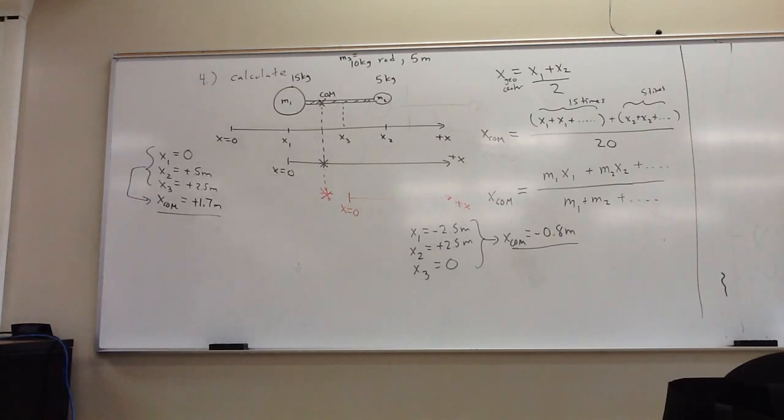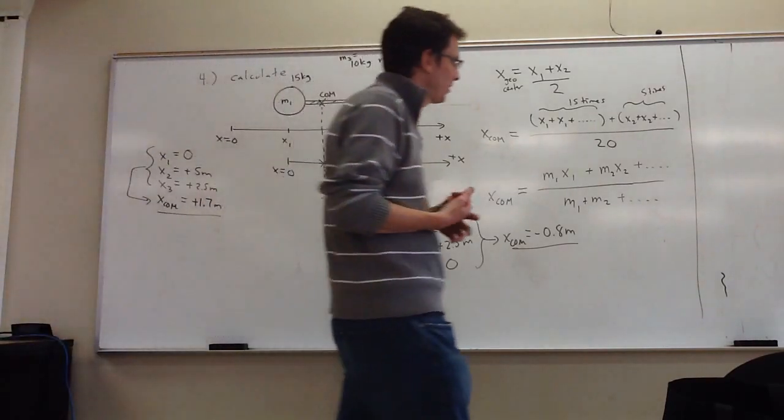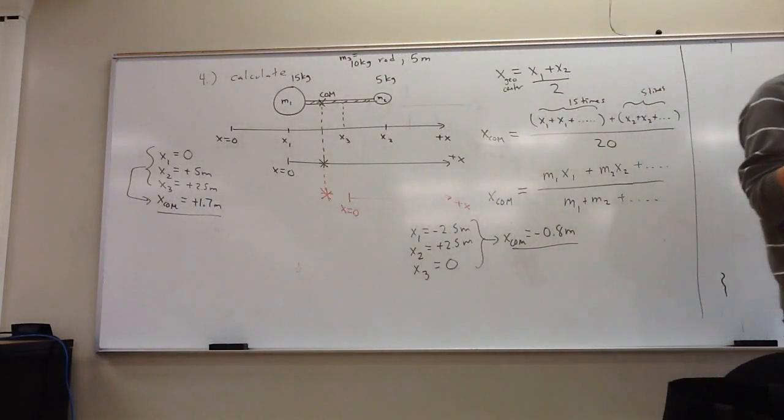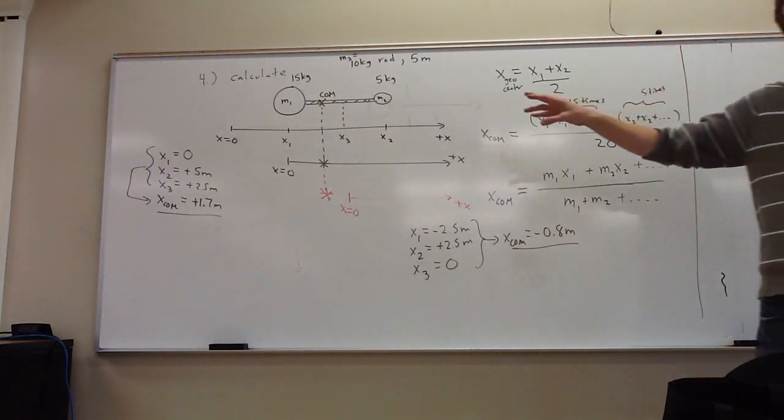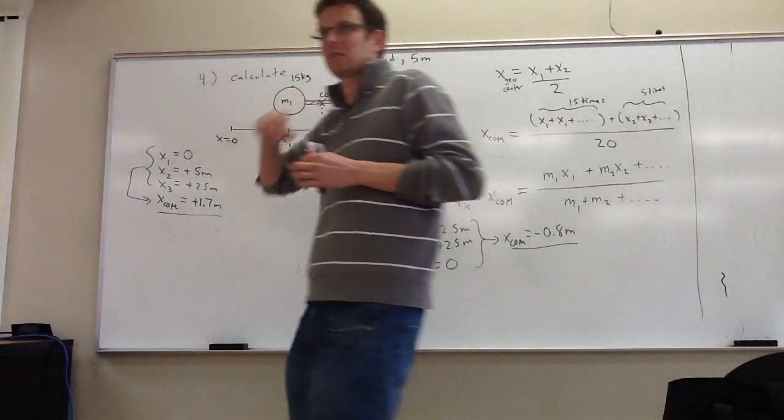Now the reason I say that is because you should never hesitate to choose whatever origin makes sense to you, but WebAssign can't read your mind. Which means that in WebAssign, it'll always ask, what is the location of the center of mass, and then it'll have some sentence fragment afterwards saying what reference it's talking from.